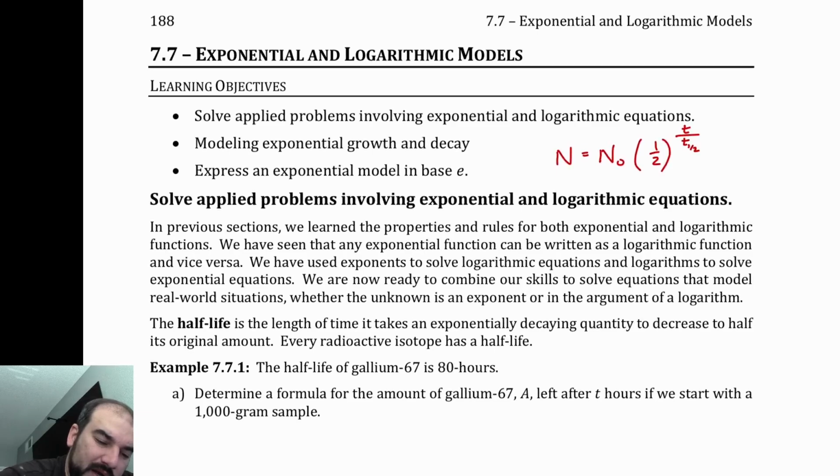And let me explain what each of these things are. N is the ending amount of whatever substance you're working with. N sub 0 is your starting amount. One half is 1/2. It's representing half-life.